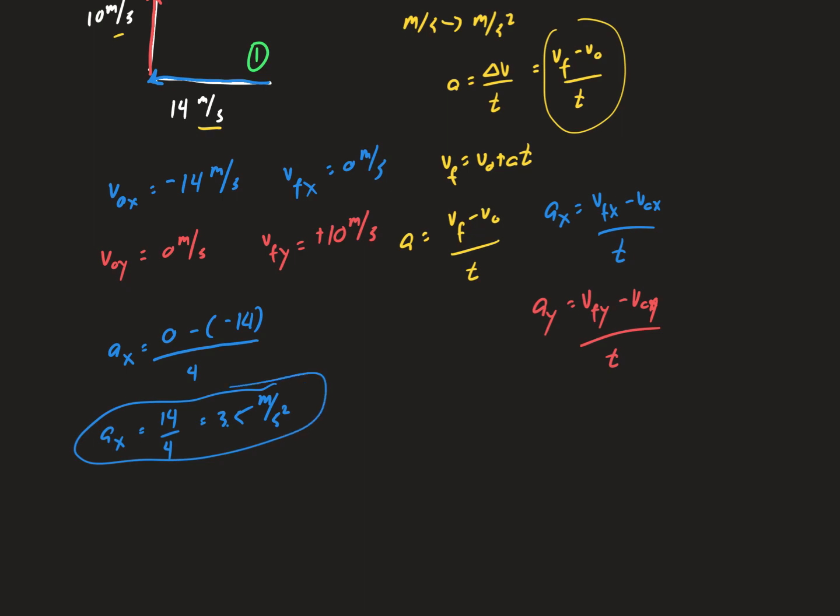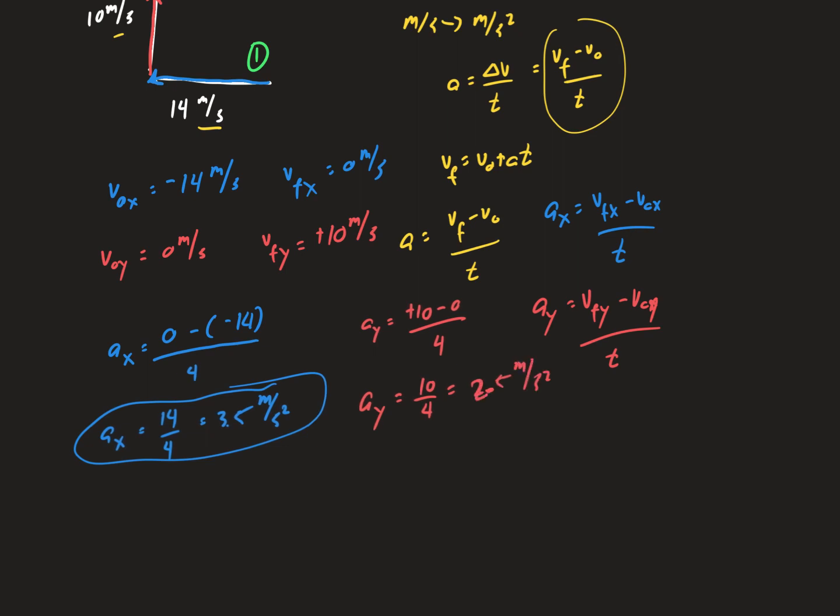My y direction, I'm going to do exactly the same thing. A sub y equals Vfy is plus 10, V naught y is 0, over my 4 seconds. Acceleration in the y is 10 over 4, which is, calculate real quick, 2.5 meters per second squared.